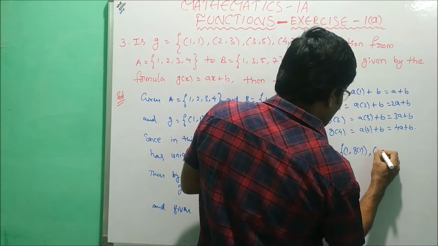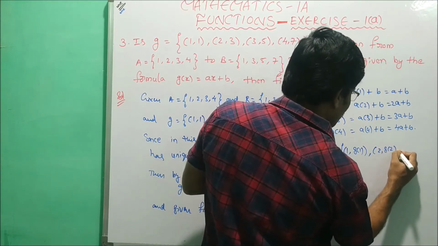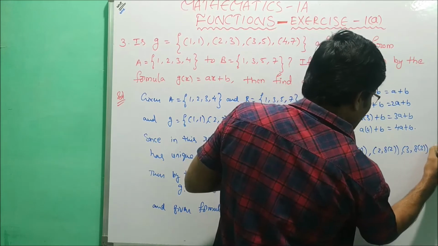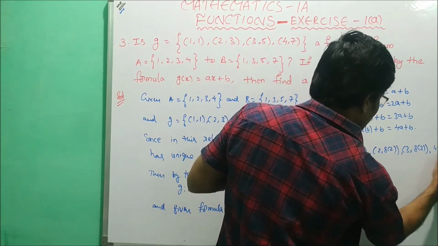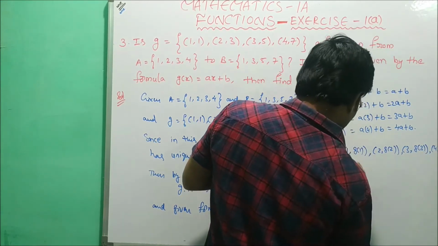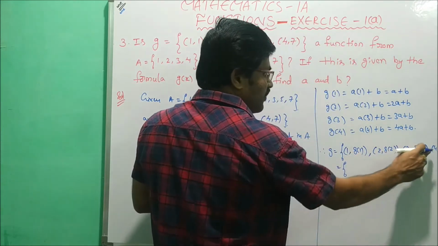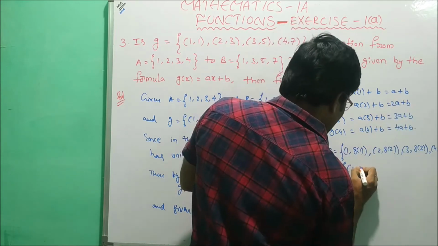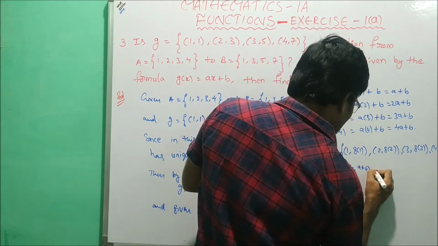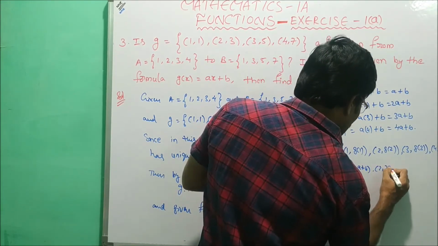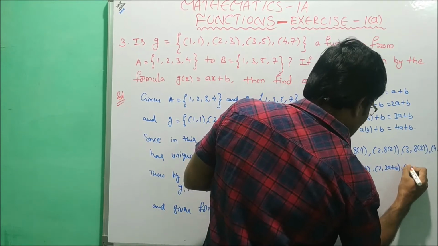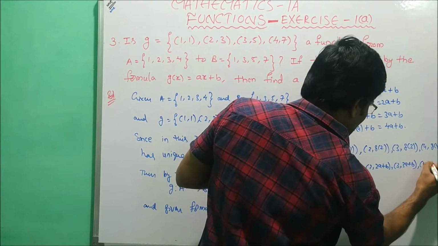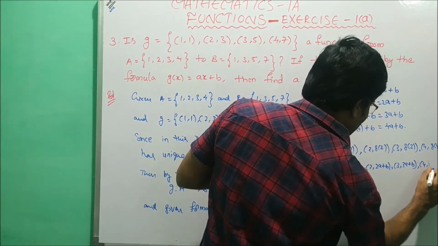Similarly, 2 and G of 2, 3 and G of 3, 4 and G of 4. Now we already found G of 1, G of 2, G of 3, G of 4, so we write those values: 1 and a plus b, 2 and 2a plus b, 3 and 3a plus b, 4 and 4a plus b.